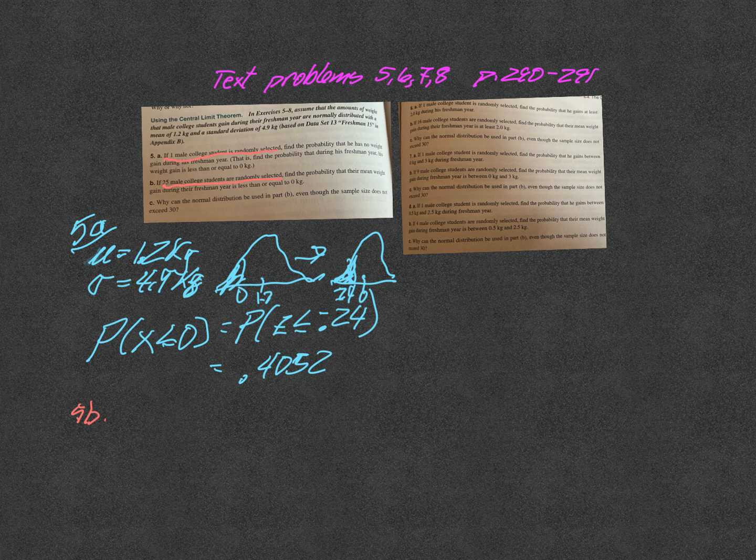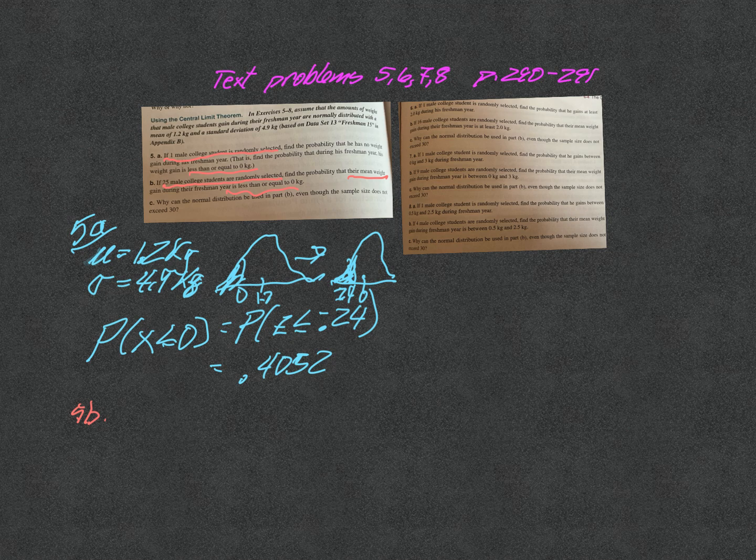And we want the probability that their mean weight gain is less than or equal to 0 kilograms, whereas before we just wanted to know if that one student was.